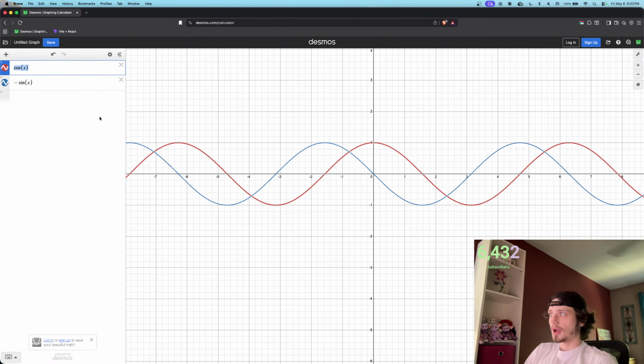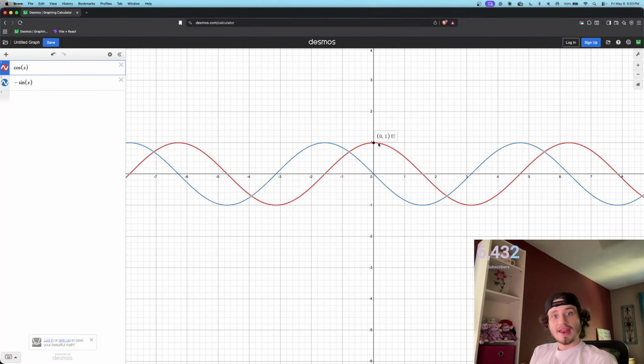What does that mean? Well, if we're looking at x equals 0, the cosine of x gives us a value of 1. Okay, cool. For the cosine of x, the value at x equals 0 is 1. Well, what is the slope approximation at x equals 0?